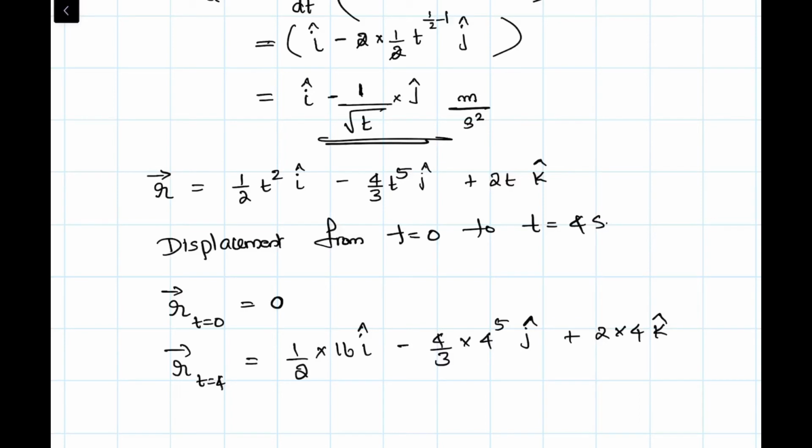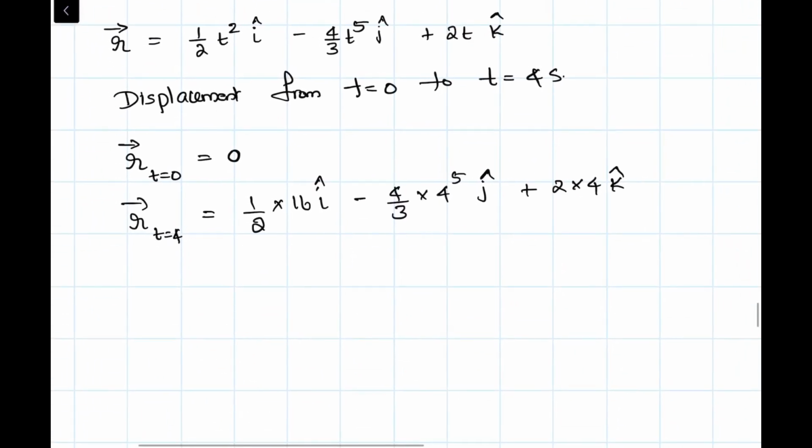Once you solve this, you get 8 i cap, minus 32 by 3 j cap, plus 8 k cap.